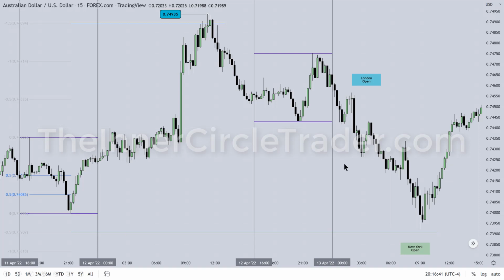We anticipate that London creates an important high or a high of the day, and then it expands down into New York Open and potentially even later into London Close. We're using these two time zones, if you will, as kill zones. And then we have the element of the London Open price action.